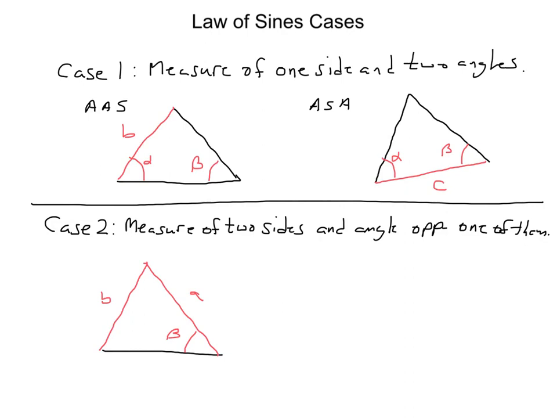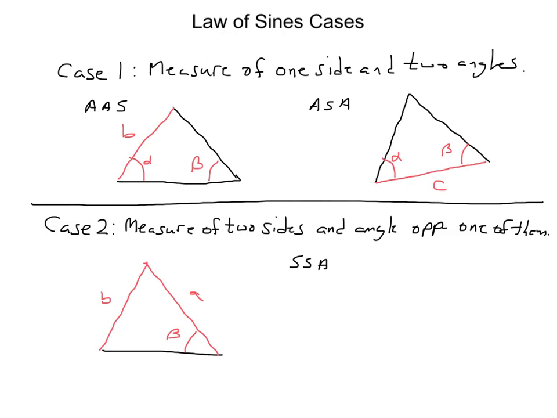In case 2, this is where we have what's called the side side angle, or what's also called the ambiguous case. The reason it's called the ambiguous case is because in this situation, where we're given 2 sides and then an angle that's not between the 2 sides, an angle that is opposite one of the sides, like beta is opposite side B, you do have 3 different things that could occur. Number 1, you could have a no solution situation.